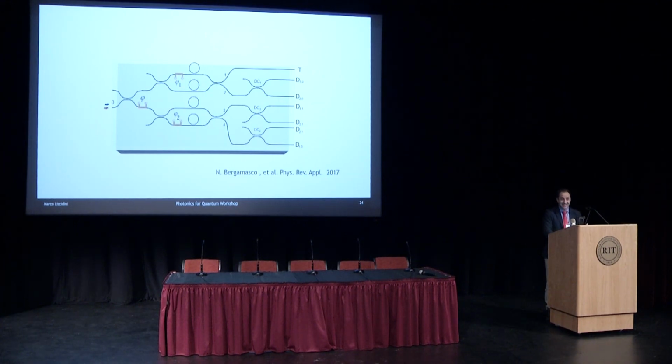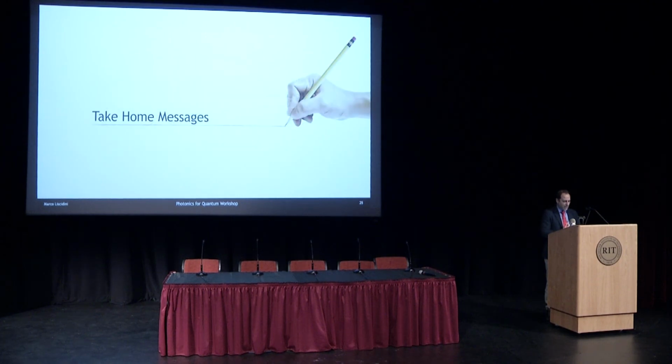This is just an example, to point out that we don't have to just shrink what we do in the bulk. In the case of generation, we also have to take advantage of what miniaturization allows us to do.